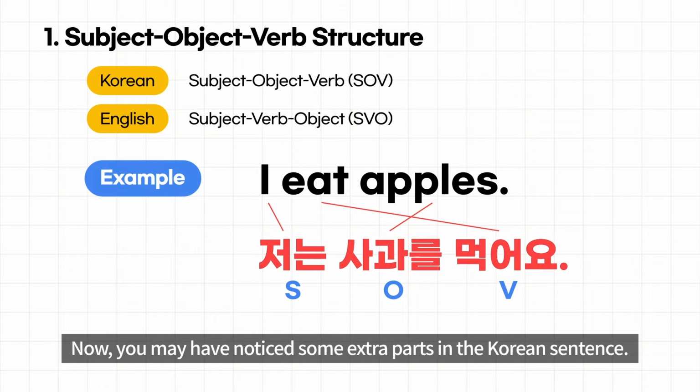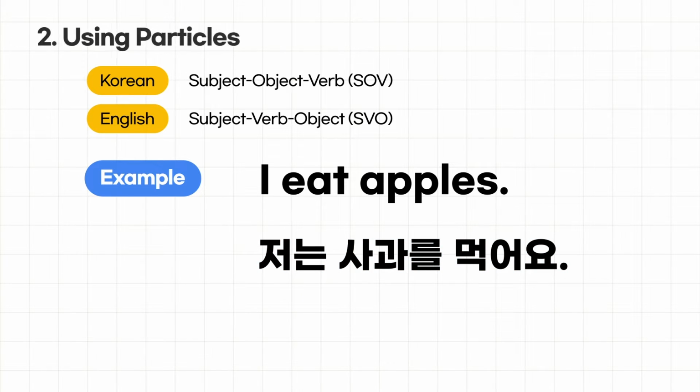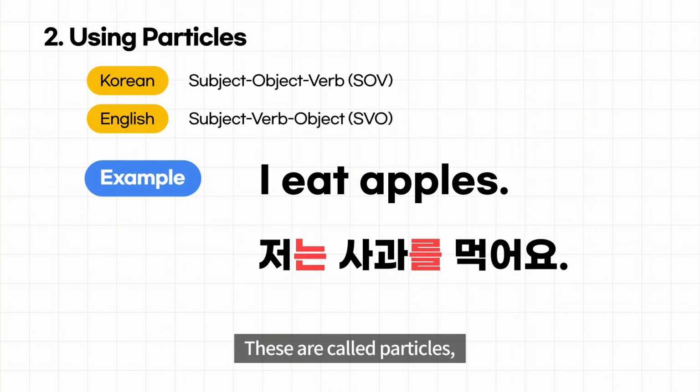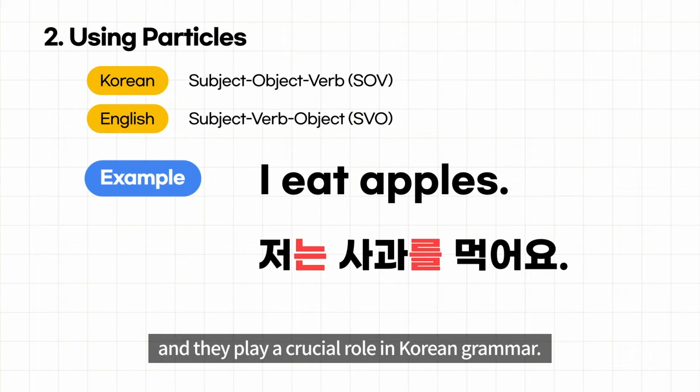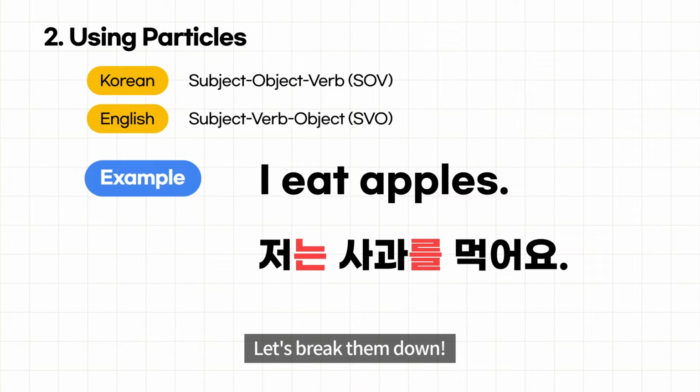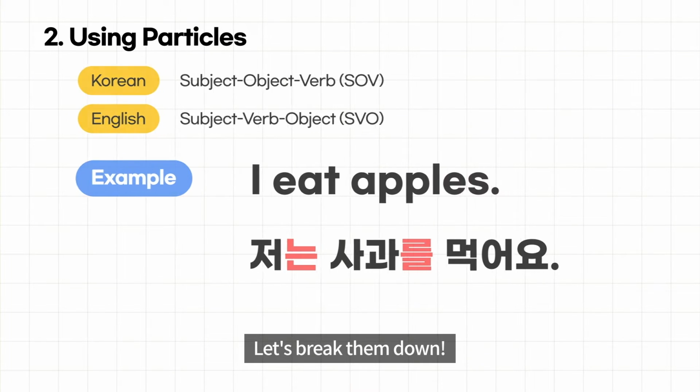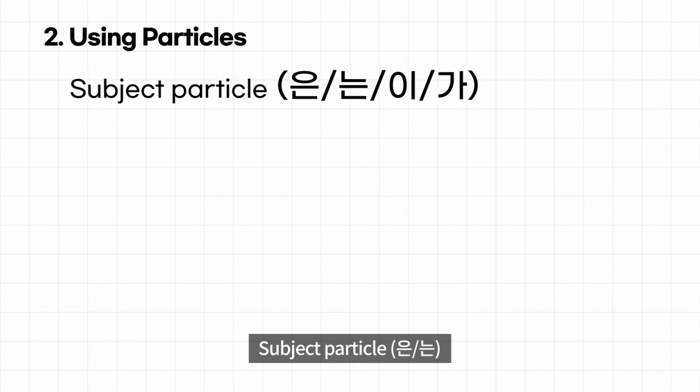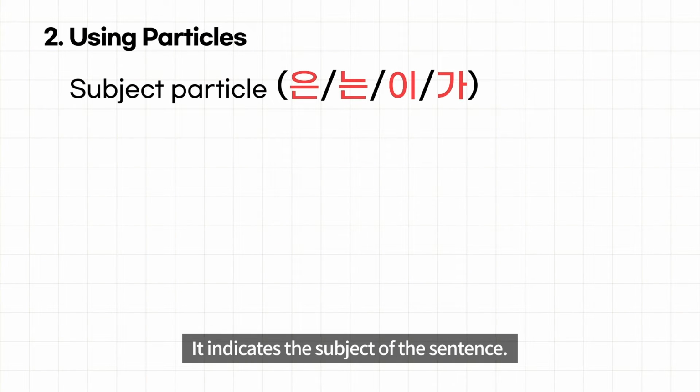Now, you may have noticed some extra parts in the Korean sentence. Number 2. Using particles. These are called particles, and they play a crucial role in Korean grammar. Let's break them down. Subject particle. It indicates the subject of the sentence.